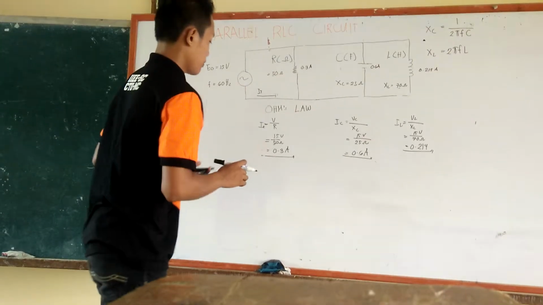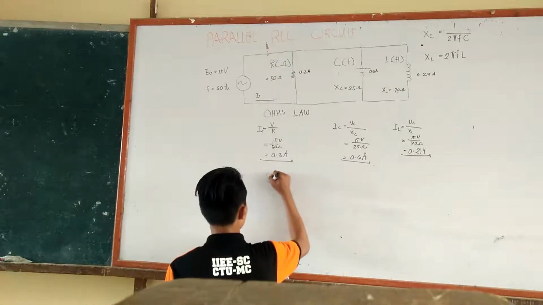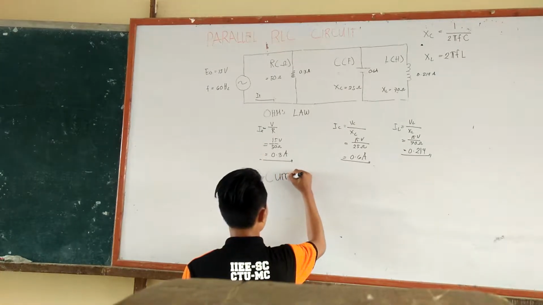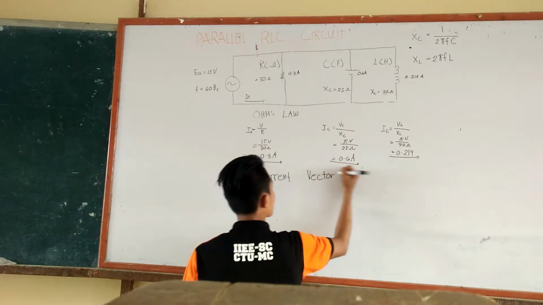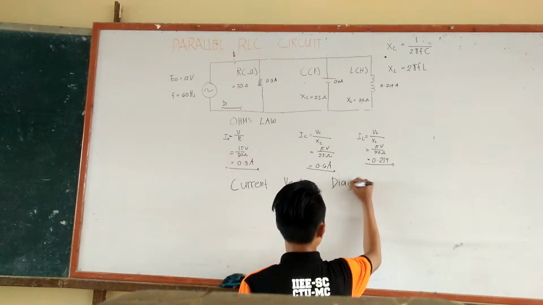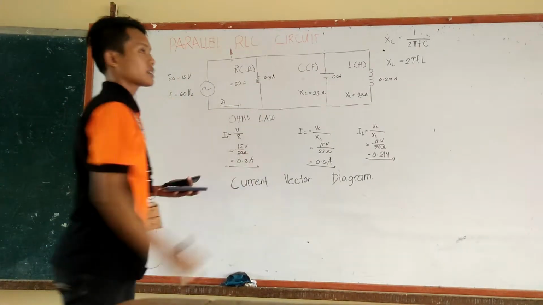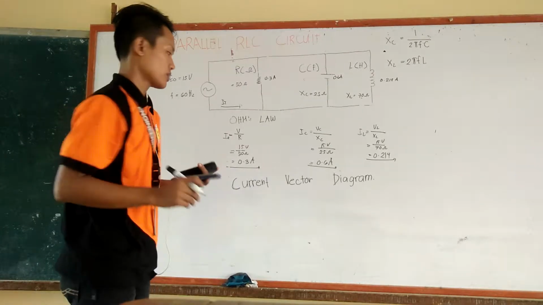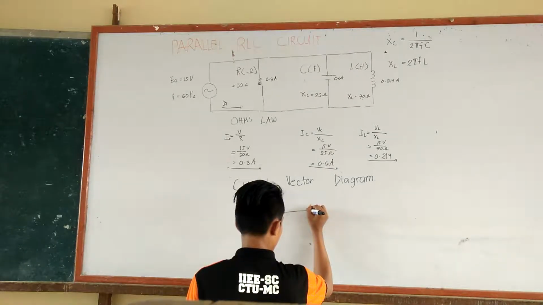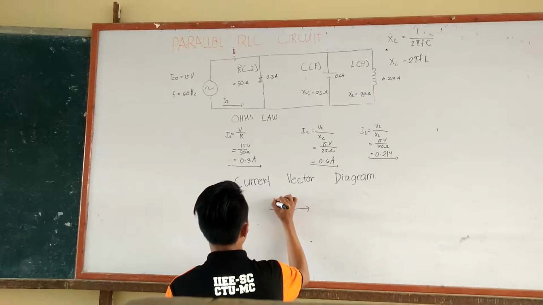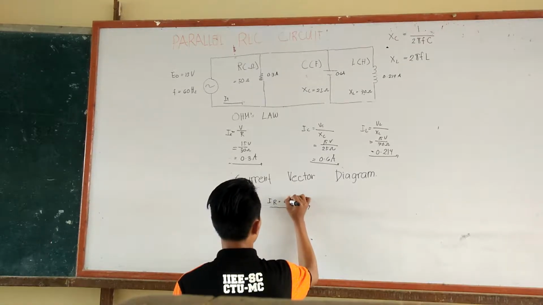So now we will form the current vector diagram. The current in the resistor is our reference vector, so it will always go to the right. So this is our current in the resistor, 0.3 amps.